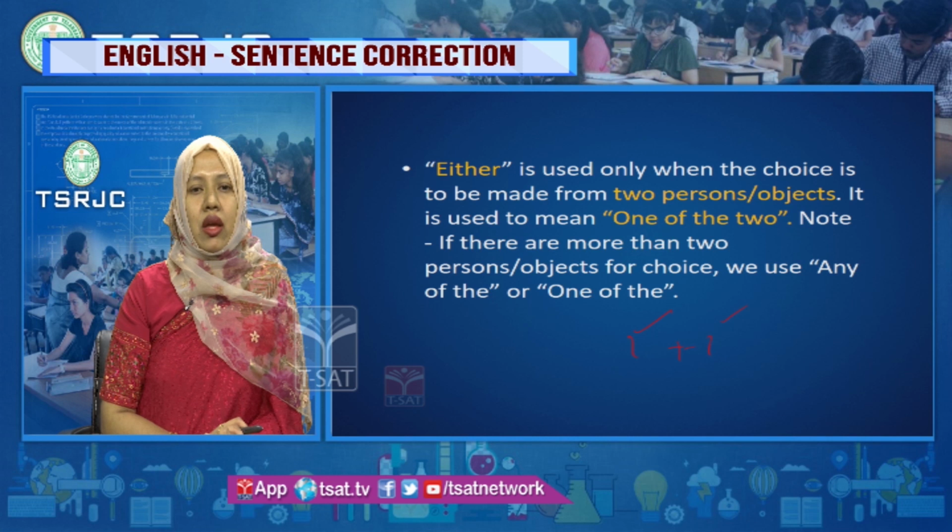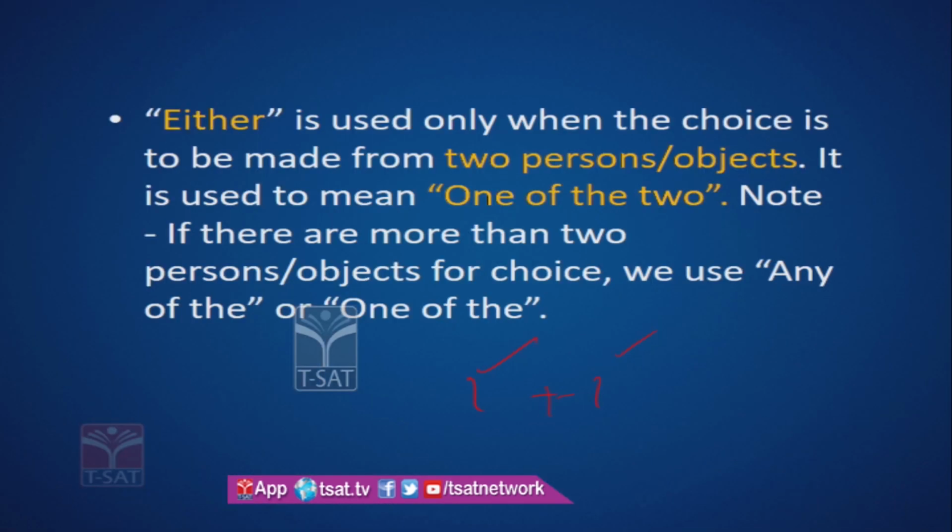Now if there are more than two persons or objects for choice, we use any of the or one of the. Always remember, either is used only when the choice is made between two persons or two things. Out of that you have to select any one.